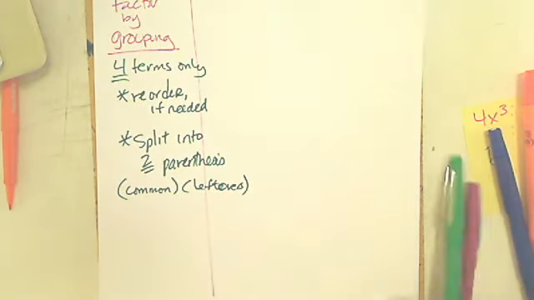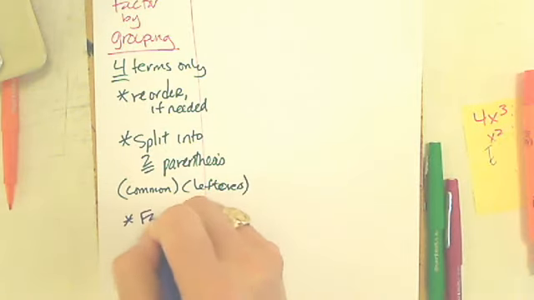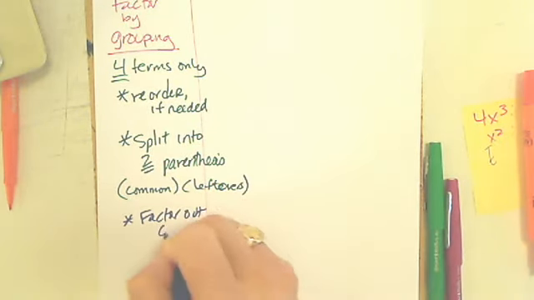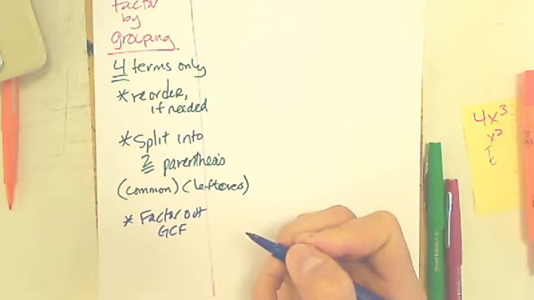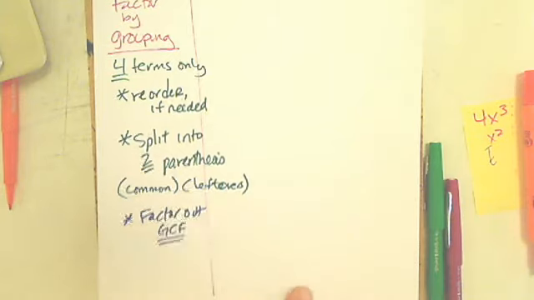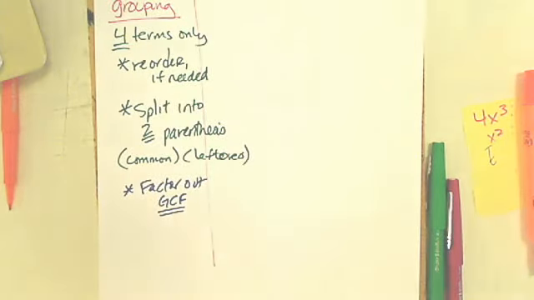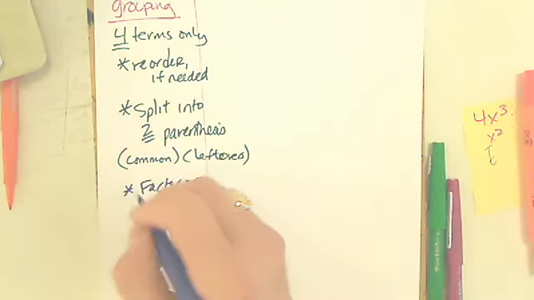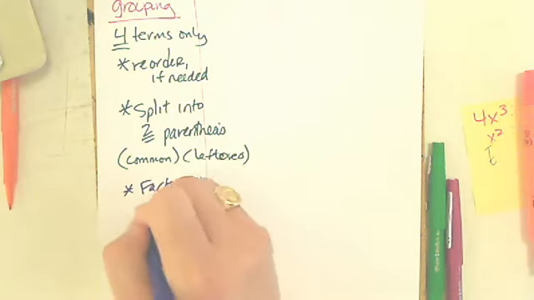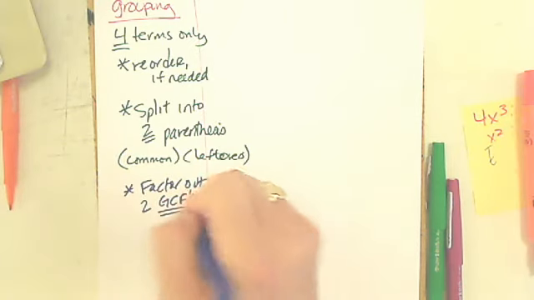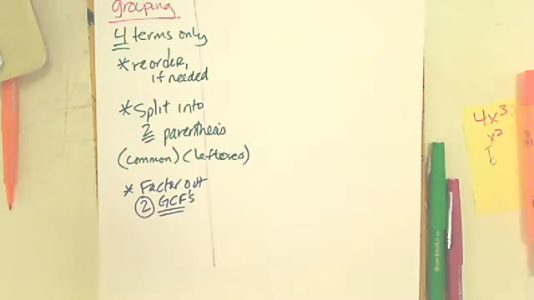There's another part to this now. You factor out the GCF. How many GCFs do you need? 1, 2. You need 2 GCFs, because you have 2 parentheses. You're adding 8.1 and 8.2 together today. We're mixing it all up.